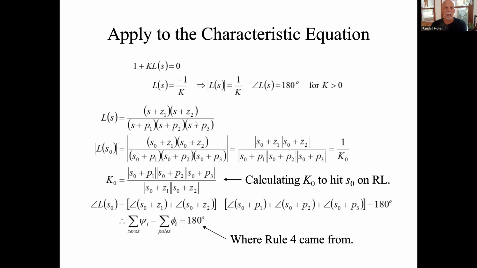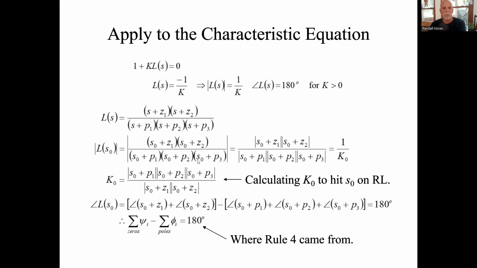That means L is something like this. The magnitude of that can be calculated this way because of what we just covered. You can take the magnitude of the numerator divided by the magnitude of the denominator, but each one is just the product of the individual magnitudes of each term.